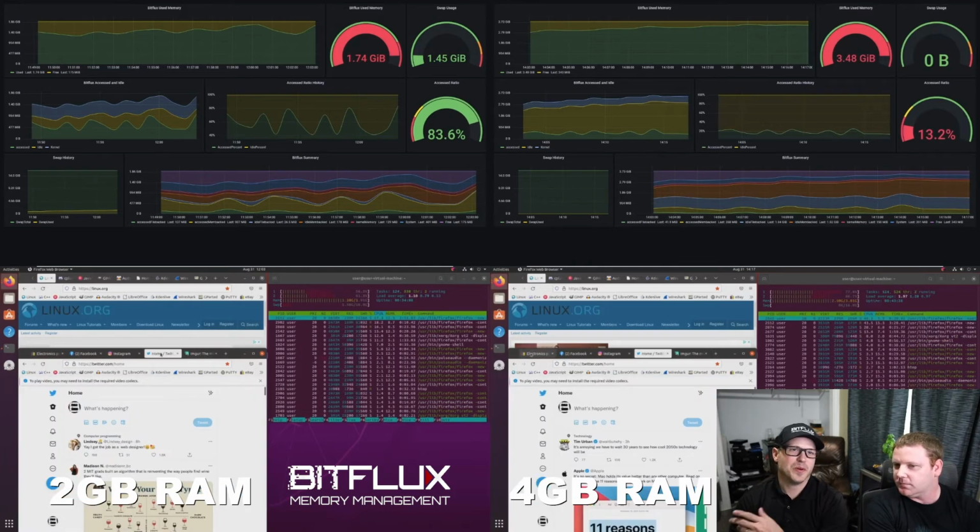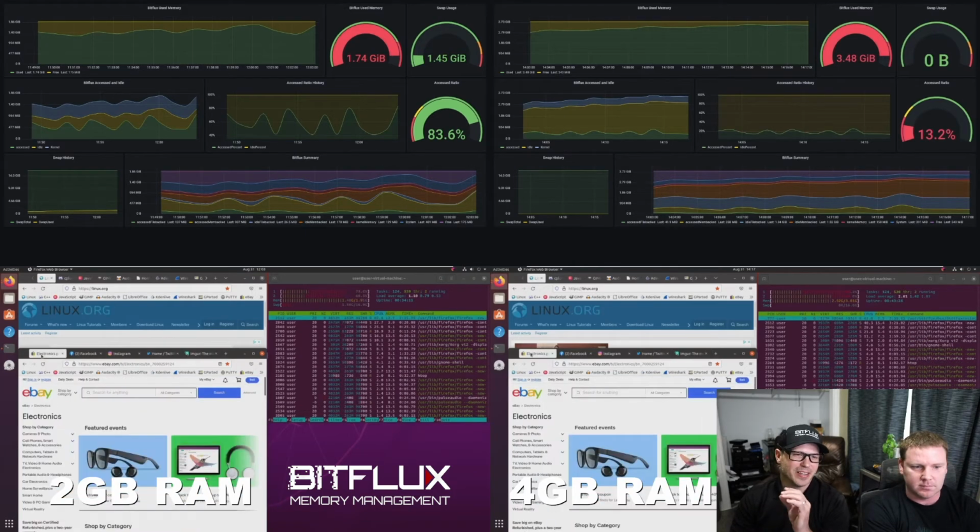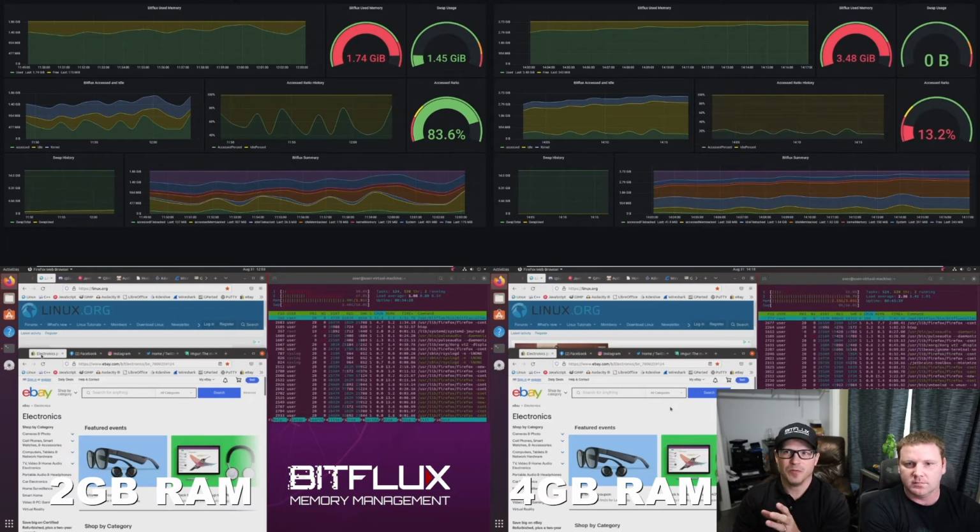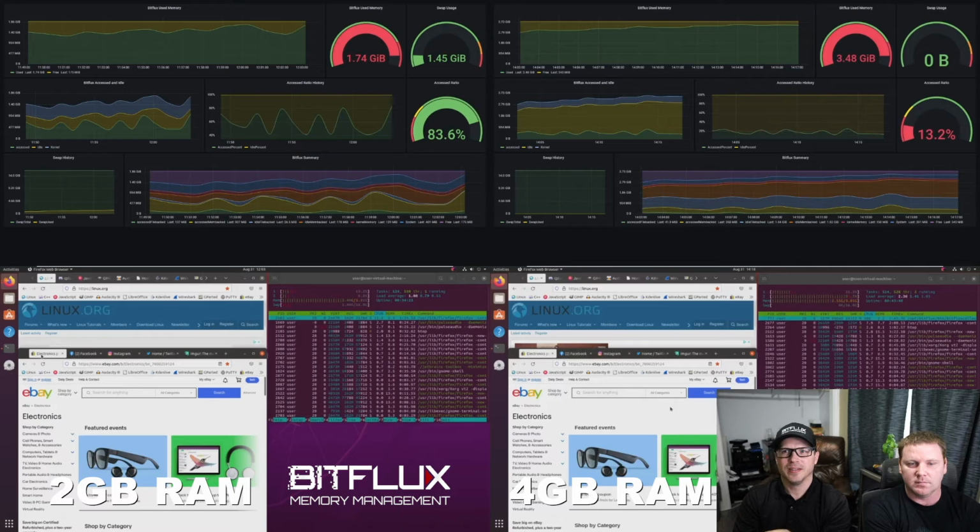At this point, we're coming to the cusp of what the standard system is going to be able to handle, because we're at 3.48 gigs of used memory and it only has 4. It's not swapping. It's accessing only 13.2%. Whereas on the Bitflux side, we're seeing it's actively reclaiming.